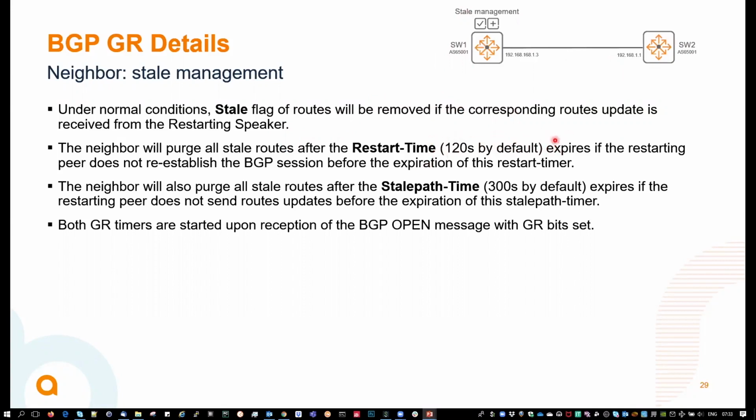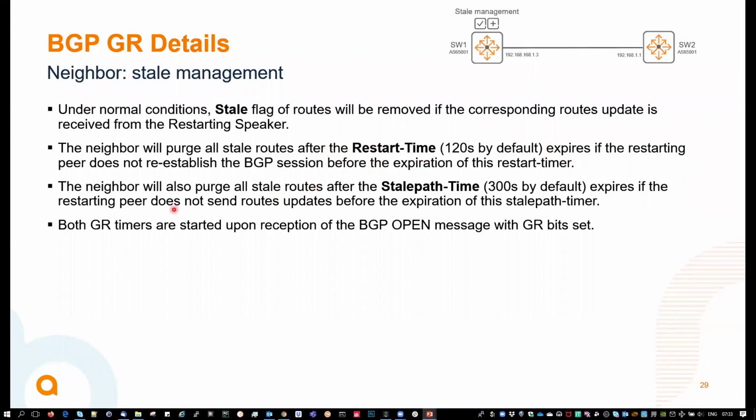If after that restart time expires the restarting peer does not establish the BGP session before the expiration of that timer, there are two things to consider. First, the BGP establishment must be done before the restart time, otherwise stale routes are removed.